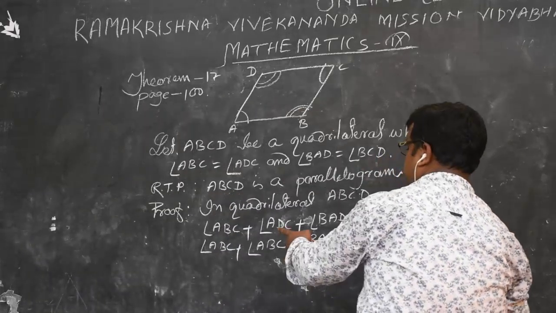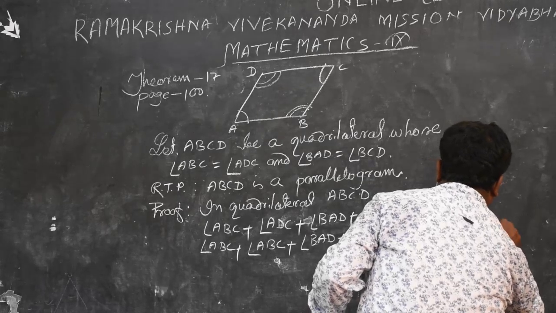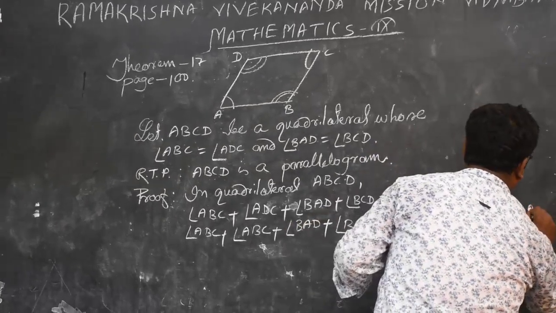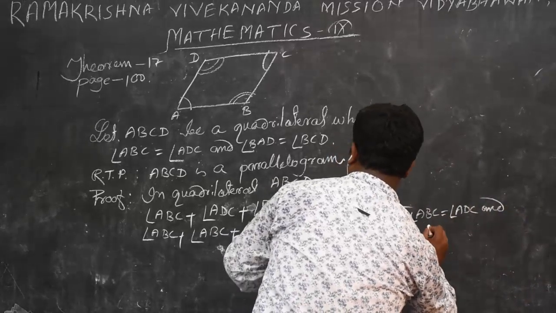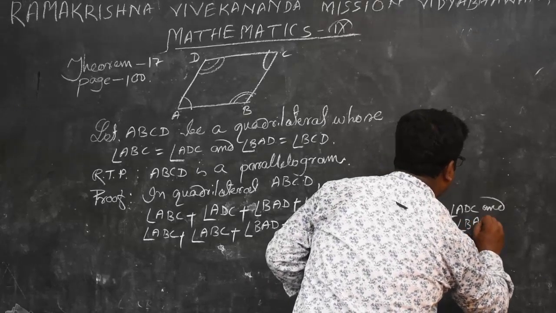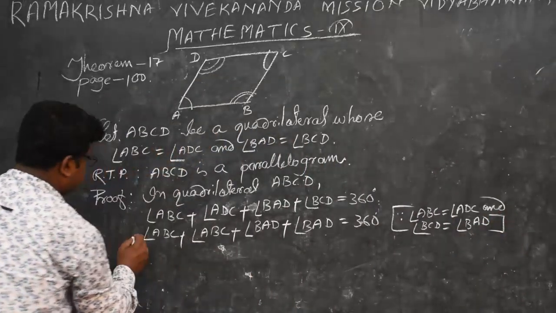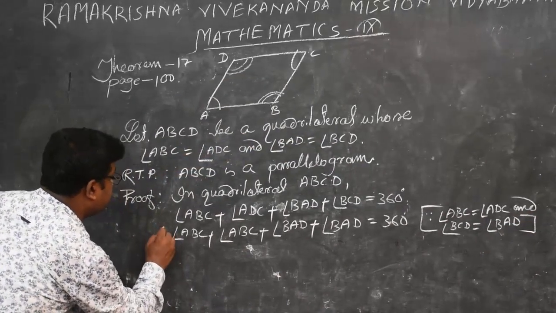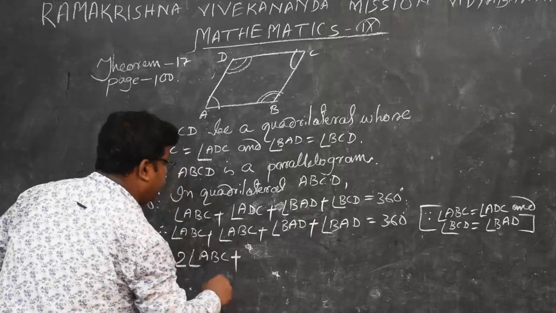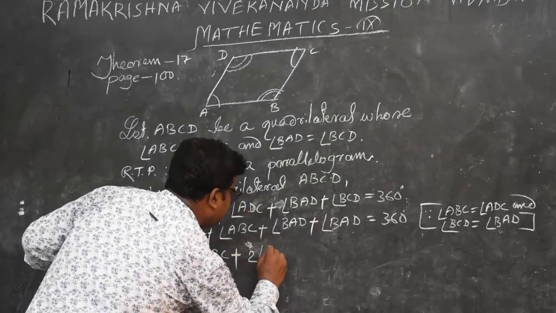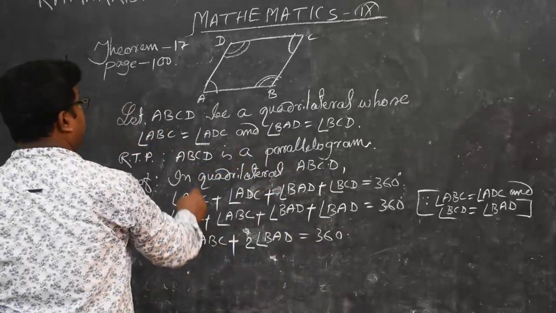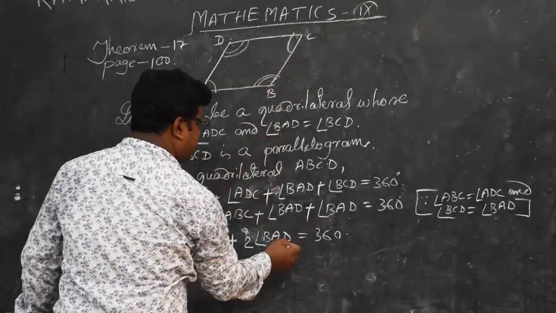Since angle ABC equals angle ADC and angle BCD equals angle BAD, therefore two angle ABC plus two angle BAD equals 360 degrees.